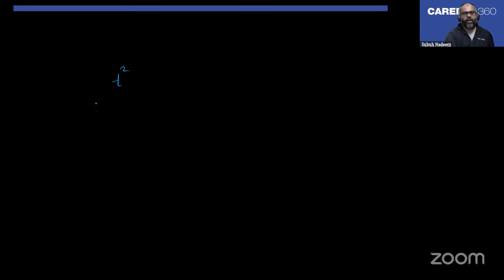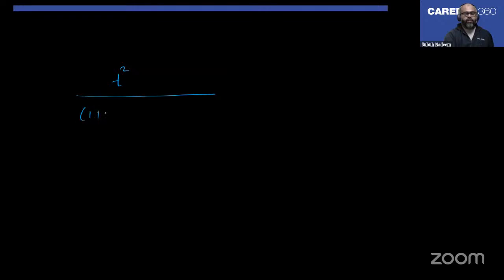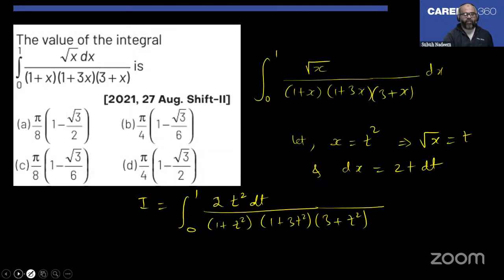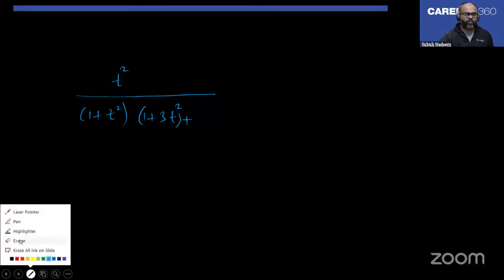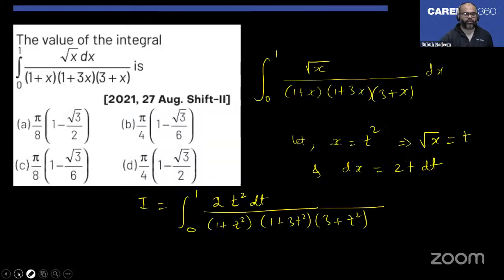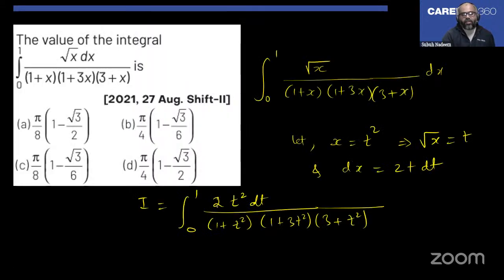We have t square by 1 plus t square, 1 plus 3t square, 3 plus t square. Now this is 2, which is multiplied outside. So you can keep it outside instead of inside.